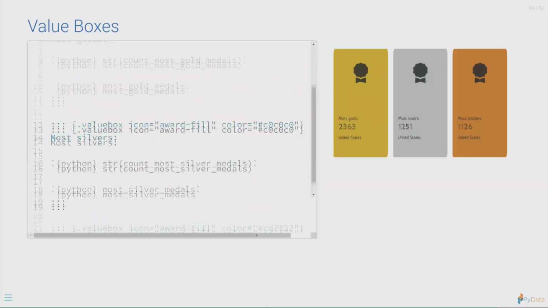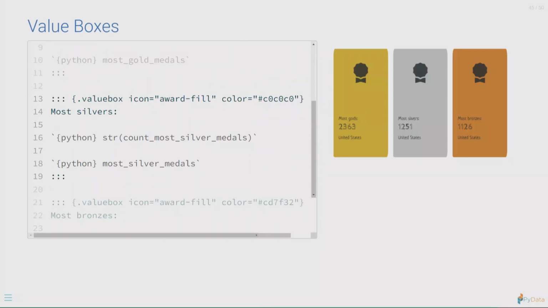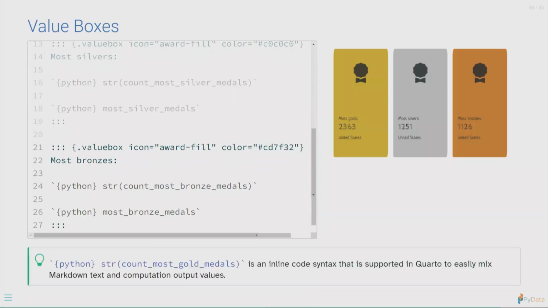It means what you see here in those two boxes, the gold, silver, and bronze boxes, this syntax is inline code syntax, and it's a way to mix markdown text with results. When you quarto render, it will know how to insert the output there. So you can also create some complex content with specific values directly from your Python cell.